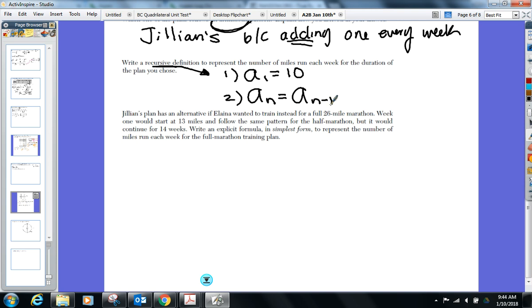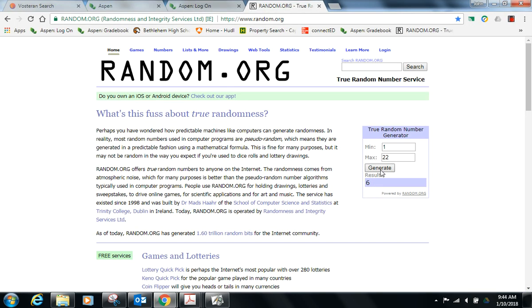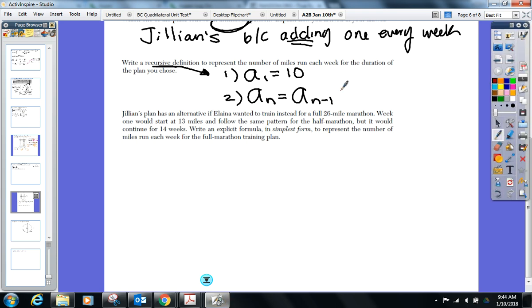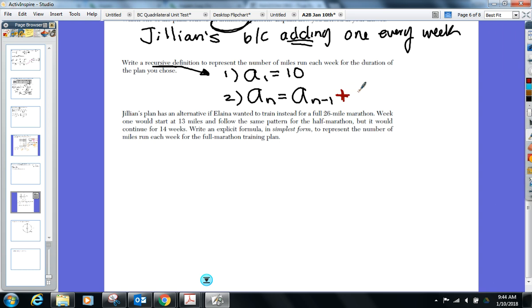Read your graph, write out a couple numbers if you need to. I'm adding 1. So to the previous term, make sure it's out there, plus 1. Don't make it part of the n minus 1. Those are the 2 things you need to write a recursive formula: the first term, and then what you are doing to the previous term.